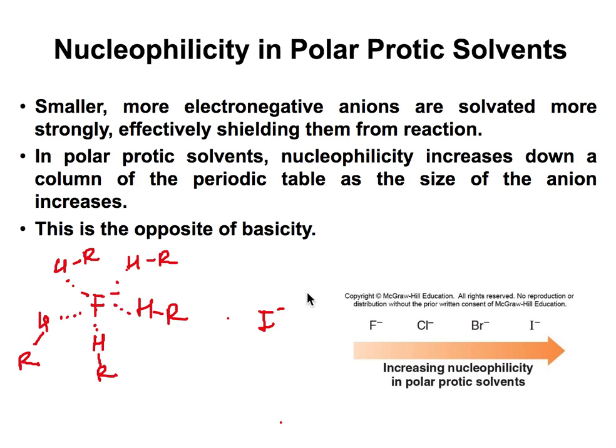So it's going to be more nucleophilic than the F. So it's very interesting that in the halogens, as we go down and we use polar protic solvents, the nucleophilicity increases. And the reason for that, again, is because in a larger atom, such as I minus, it's not fully surrounded by the solvent and it still has some of that nucleophilic ability.